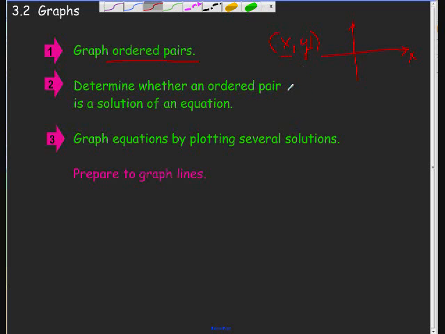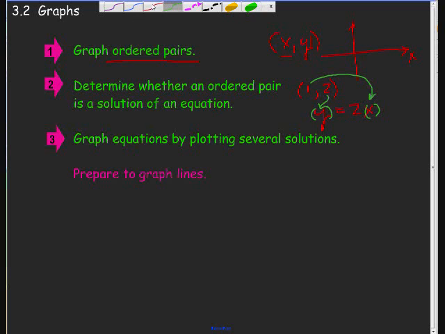So we can take any particular pair, so let's say 1 and 2, and we can plug it into an equation to see whether or not it would work. And when we do the plugging in, of course we put the y into the equation where we have y, and the x into the equation where we have x. So we just replace, and then we see, is it still true?